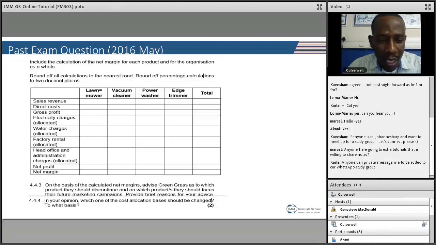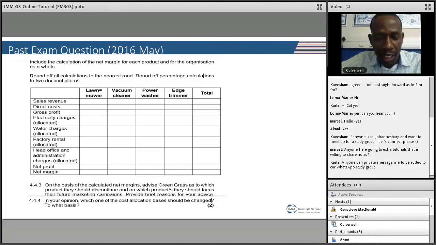But the one that needed to be changed was the head office and administration charges. Remember, our allocation was to divide these equally, to give 5 million to each product. And then you needed to change that to your sales revenue. Why would I say so? We would assume in an institution in practice, the product or the specific area that is making the most profit should be using a lot of head office and administration support activities.